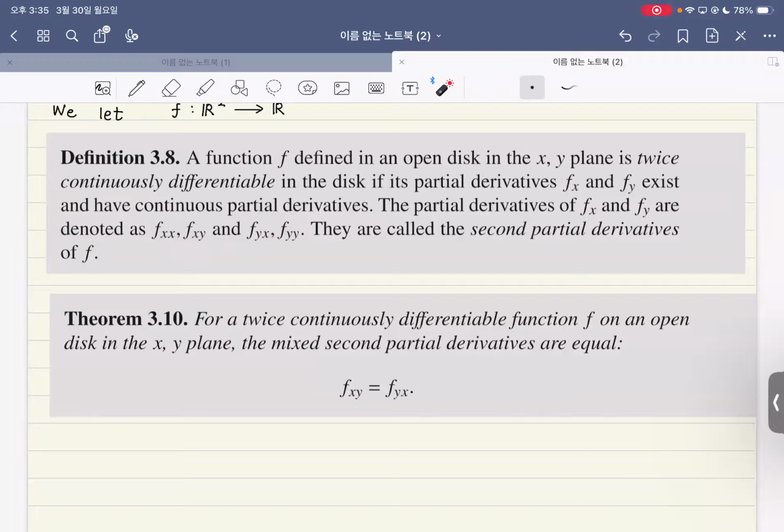In this case, f_xy is the same as f_yx. So basically, this means the order of differentiation doesn't matter. What really matters is the number of variables and how many times you have differentiated. Because of this, from now on, we will not pay too much attention to the order of the partial derivatives. So f_xy is always assumed to be the same as f_yx.